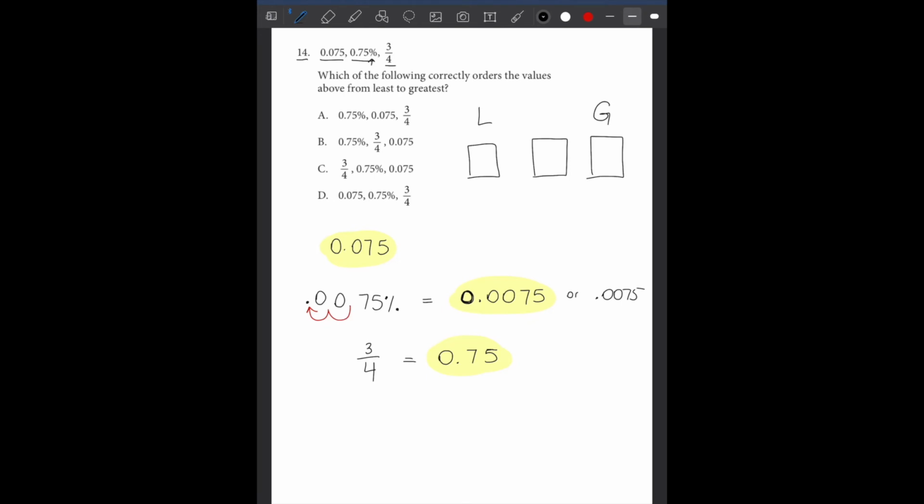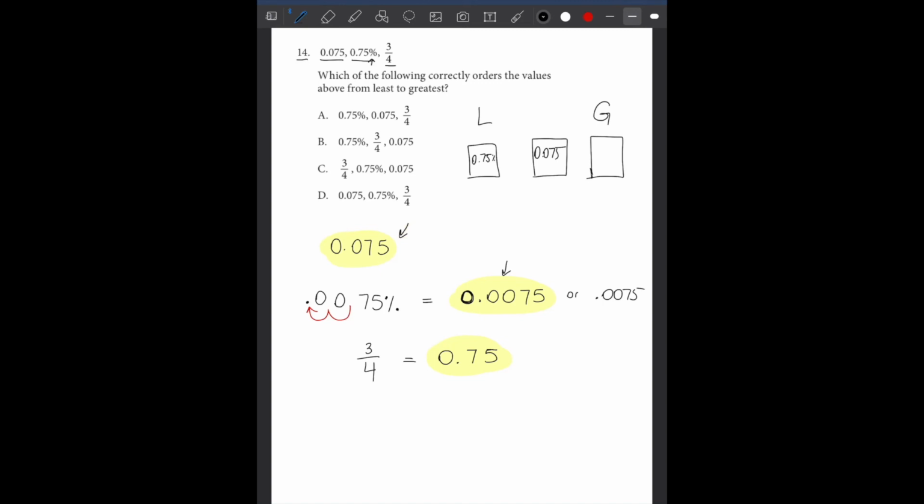So the least number would be the one which has the most zeros. So that is 0.75%. This guy right here. The second one would be the one that has medium, I guess, because it's in the middle. That would be 0.075, this guy.